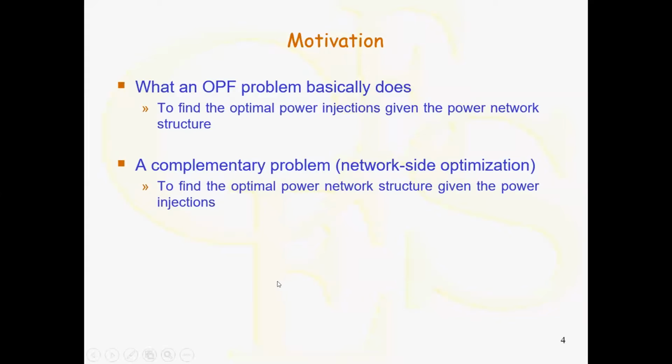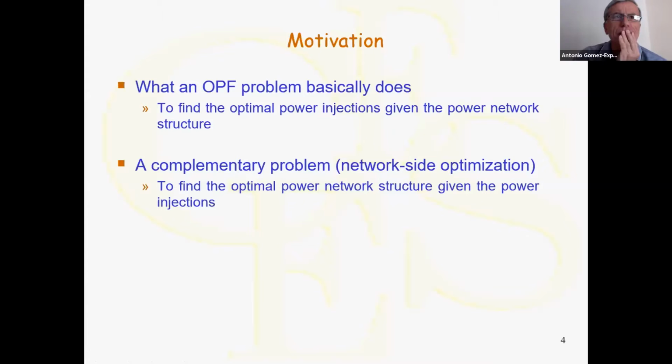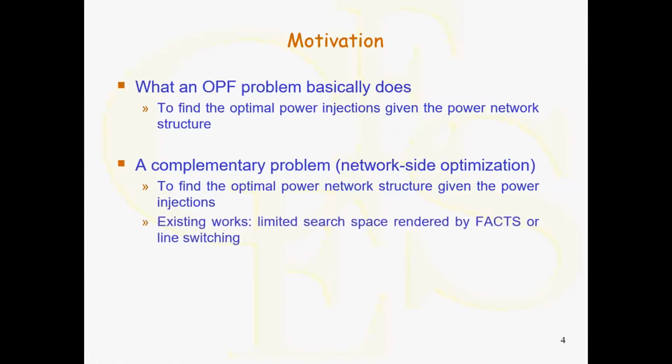This problem has growing importance since the grid flexibility is becoming more significant thanks to the advanced power electronics and communication technology. Actually, some existing works have already made attempts along this direction, such as to incorporate continuous topological adjustment by FACTS devices or discrete topological adjustment by line switching.